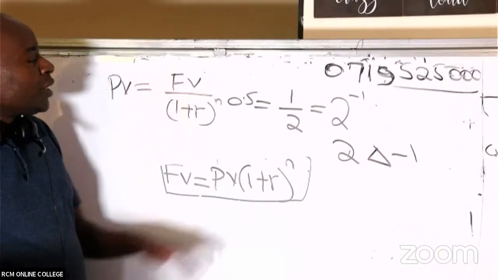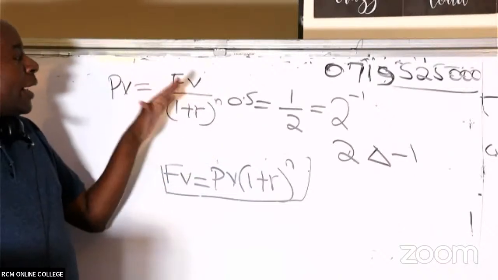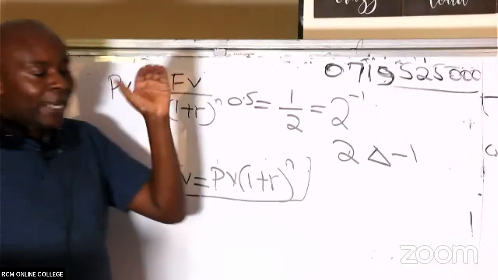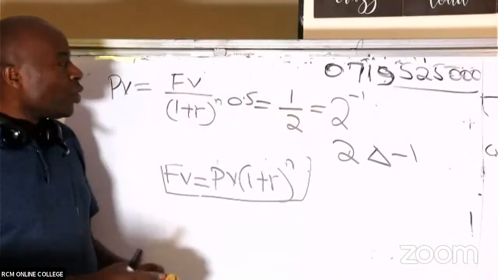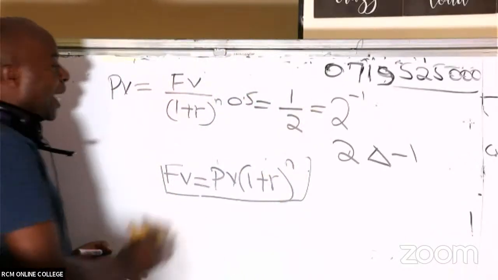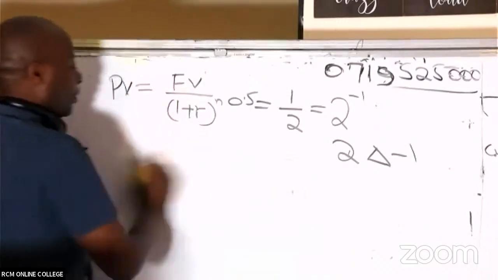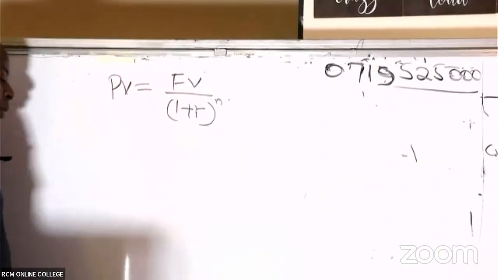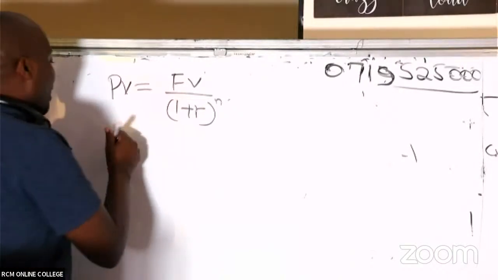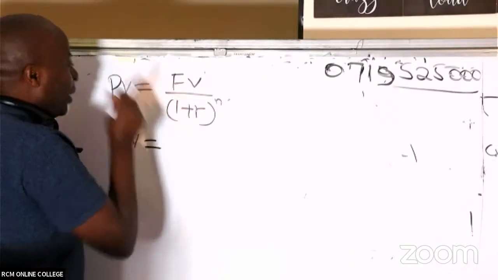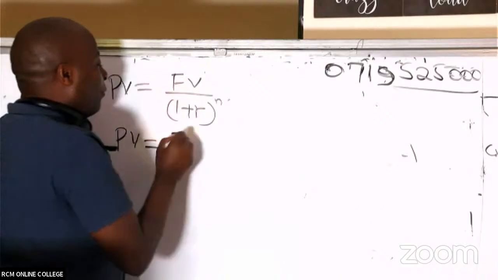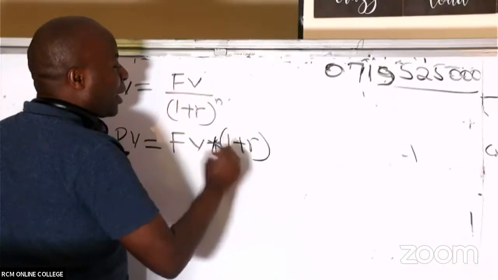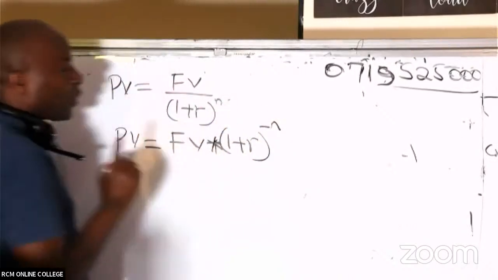So I would want us to use this same analogy to take this 1 plus r raised to power n up there. If I do that, there's no problem: my present value will be equal to future value times 1 plus r, but this time I can't say raised to n.